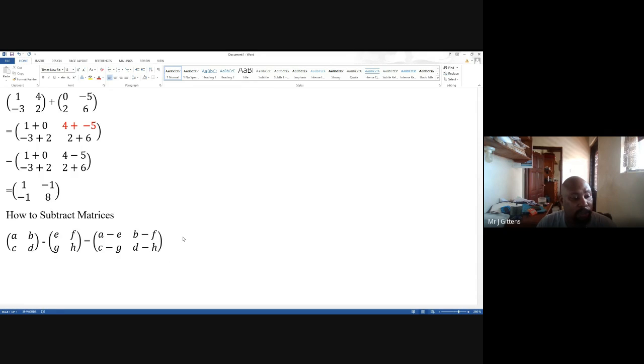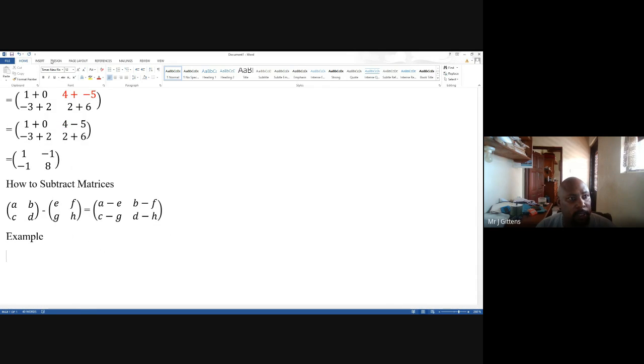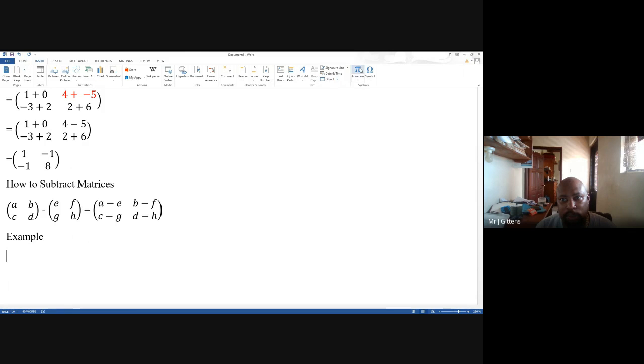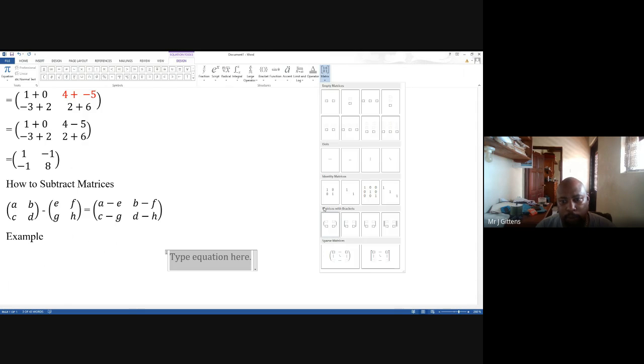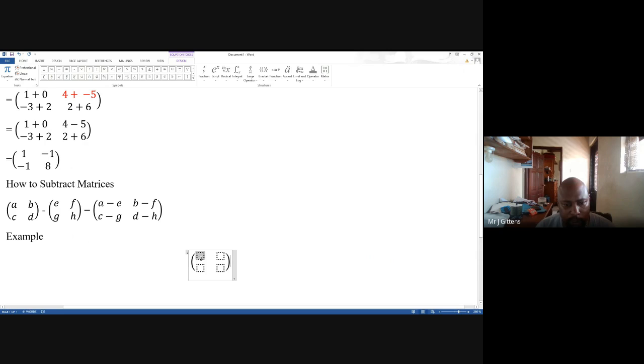So let's use some numbers now to prove this formula. Example. We can start with some very simple ones. We can use positive numbers and get positive numbers. So again, in my first matrix I can make my numbers very big: 10, 11, 21, and then I will use a number like 15.